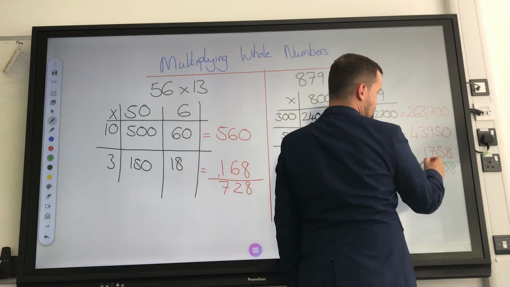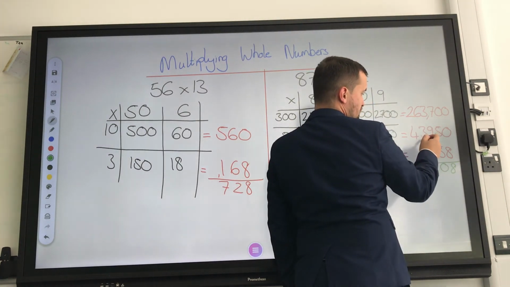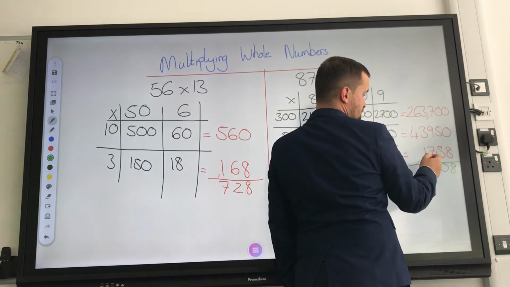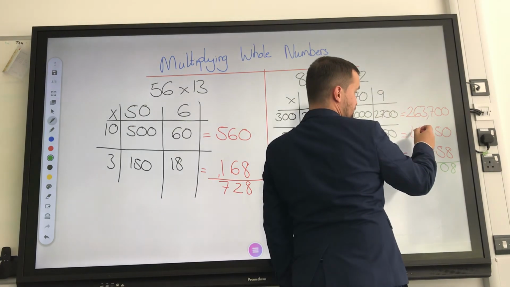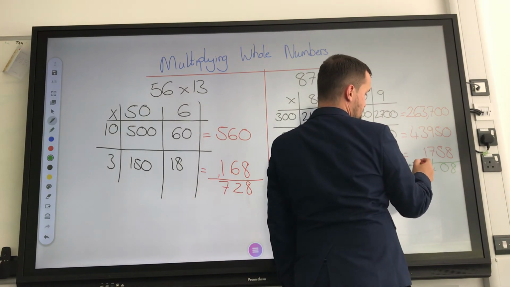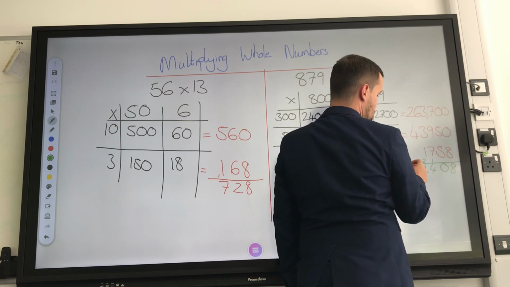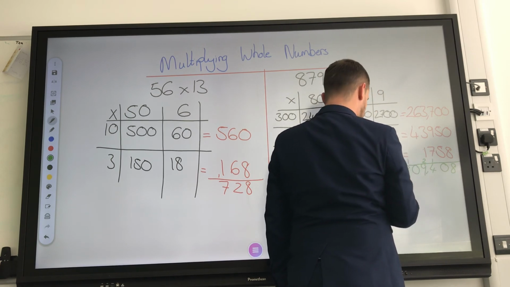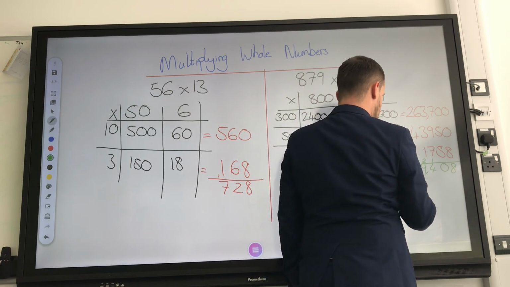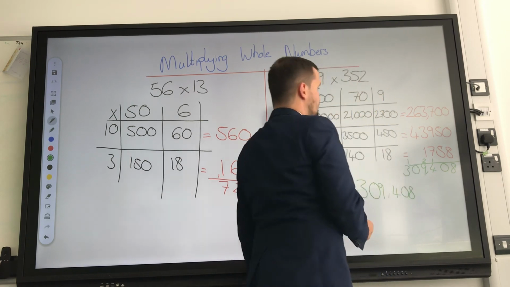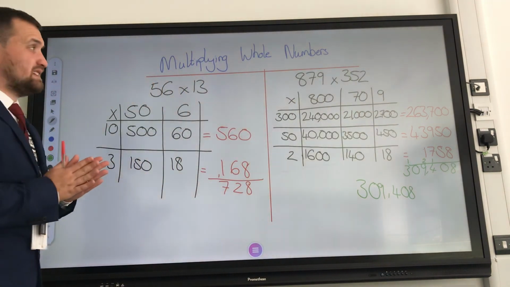So we carry the 2 across. We've got 3 plus 3 is 6, plus 1 is 7, plus 2 is 9. We've got 6 plus 4, which is 10, carry the 1, and we've got 2 plus 1, which is 3. So our answer is 309,408.